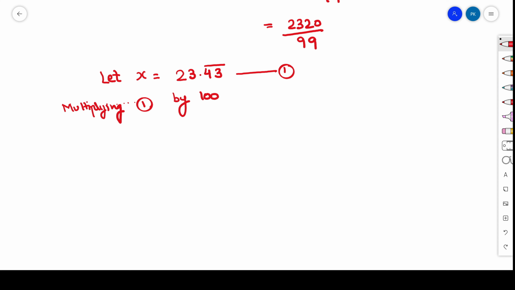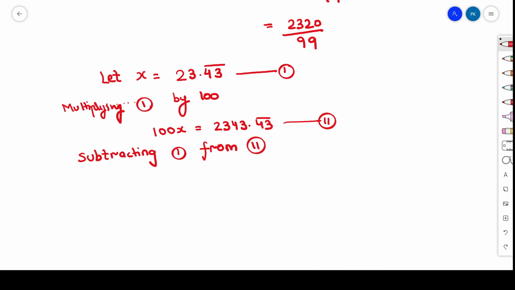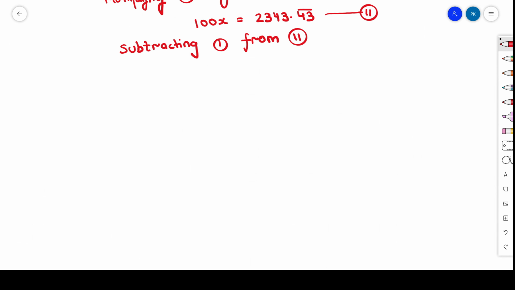Because we have two digits, and that will give us 100x is equal to 2343.43 bar. We will call this equation 2. Subtracting 1 from 2, we get 99x is equal to 2320. x is equal to 2320 by 99. If you remember, the same answer we had got by our direct method as well.